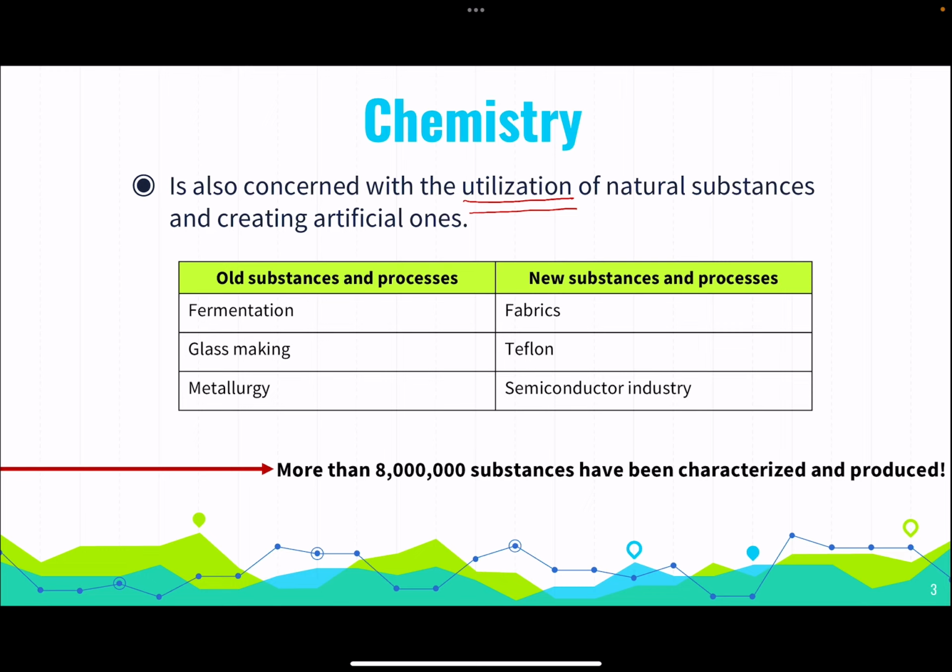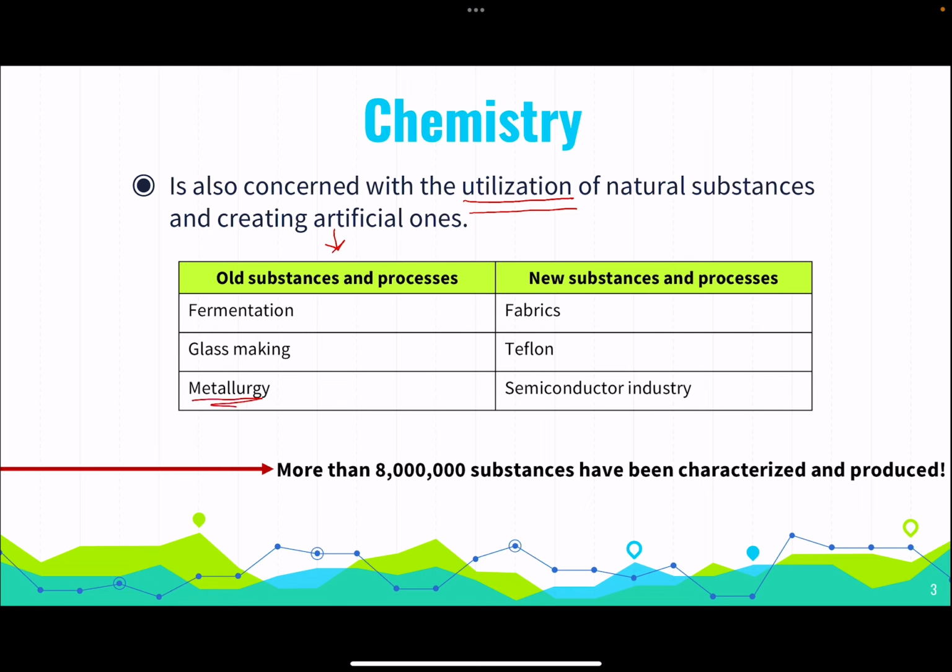So we have here some examples of old substances and processes. We can see fermentation, how we make yogurt, how we make beer, how we make wine. That is a super old process. Glass making, how we go from having sand to having beautiful vases or glasses or anything like that. And metallurgy.